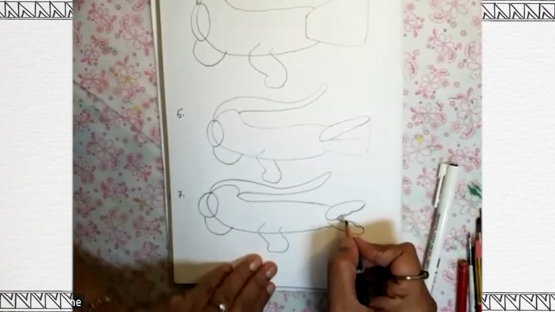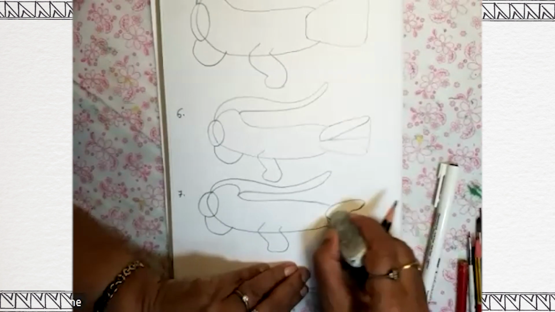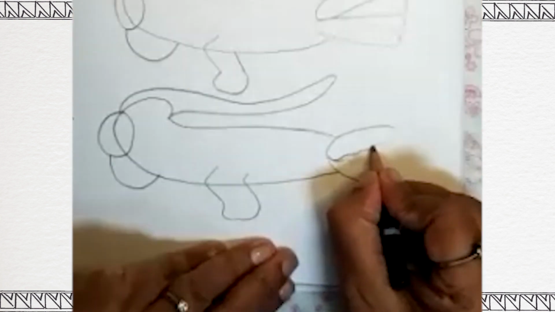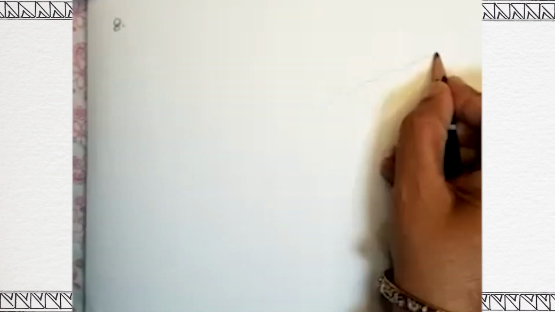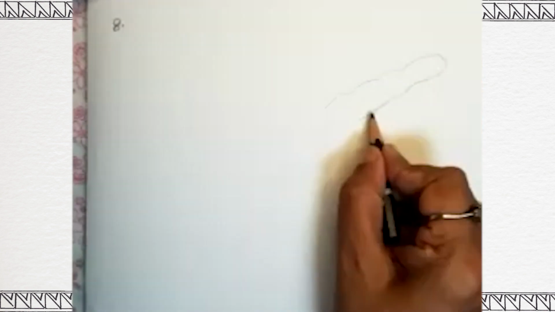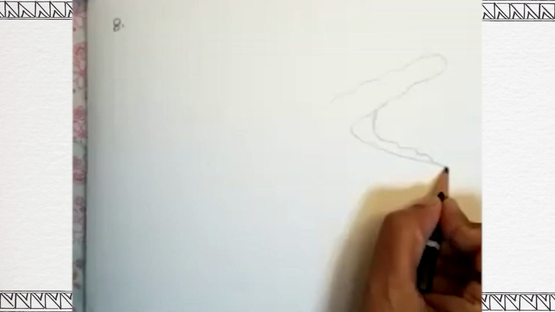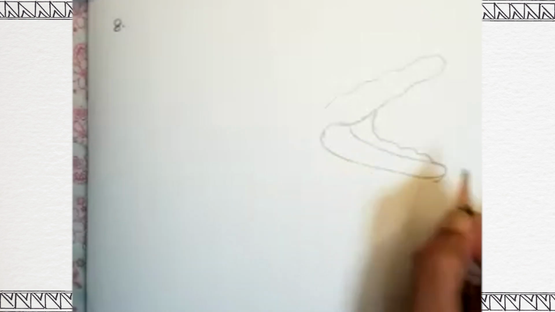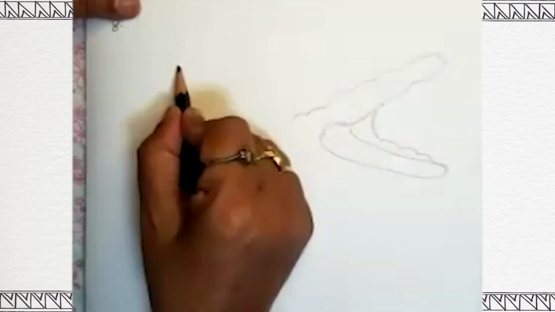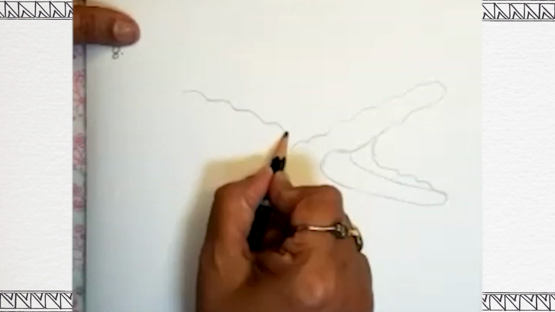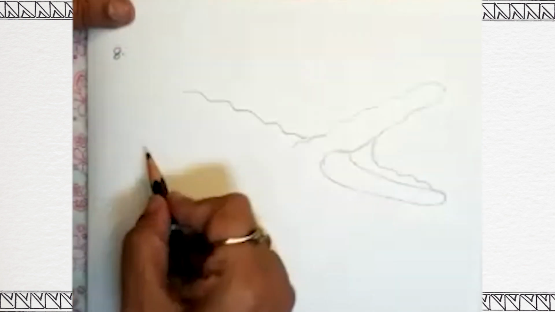So now we are making the mouth of our crocodile. So 8th one is, see, now we know the shape. This part which we drew, we'll draw with little curves.